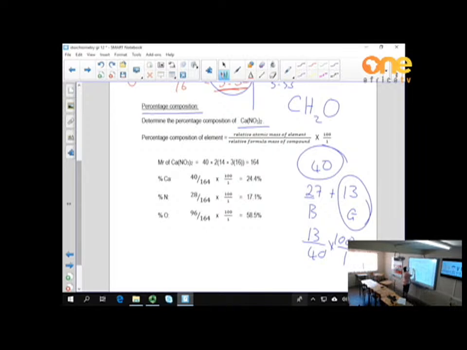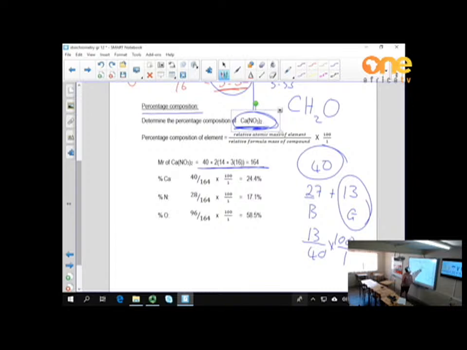Here we have got elements in a compound. So they want to know what is the percentage of calcium in calcium nitrate, nitrogen's percentage, and oxygen's percentage. So what do we do? Well, we work out the molecular mass for that compound. Calcium is 40.